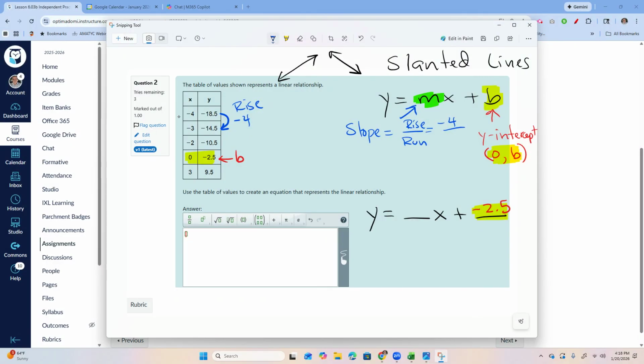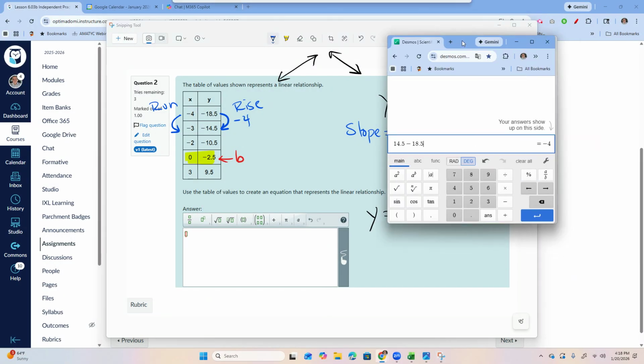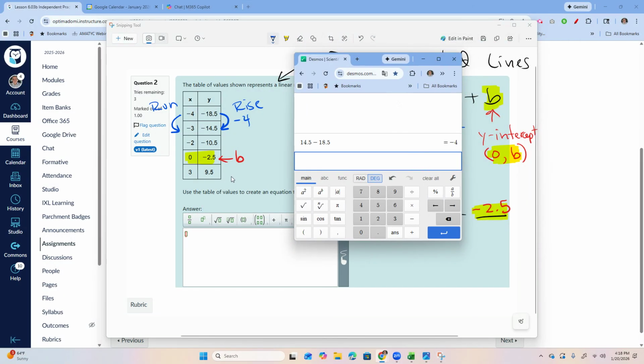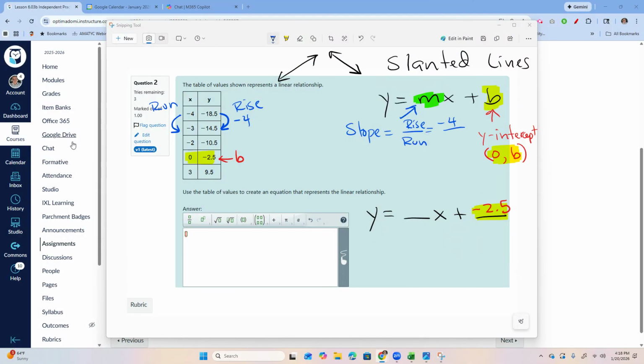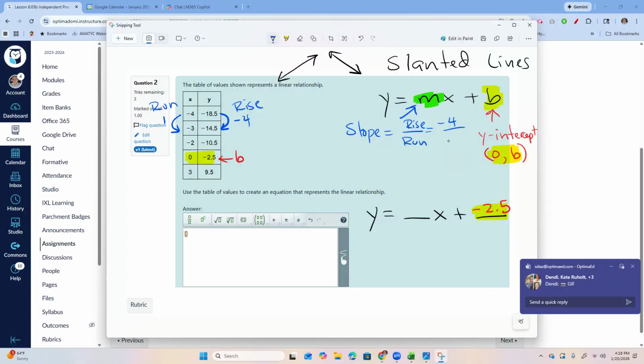Now I'm going to do my run. This here is going to be my run, and I'm going to do the same thing in the calculator. I'm going to subtract negative 3, I'm going to subtract negative 4, and you can see I got positive 1. So my run is 1.